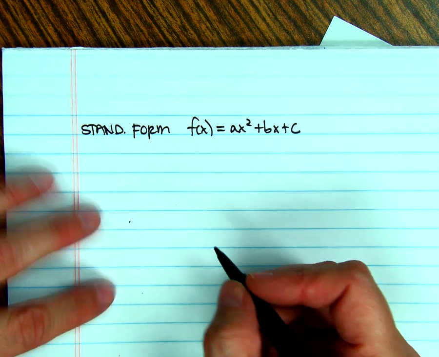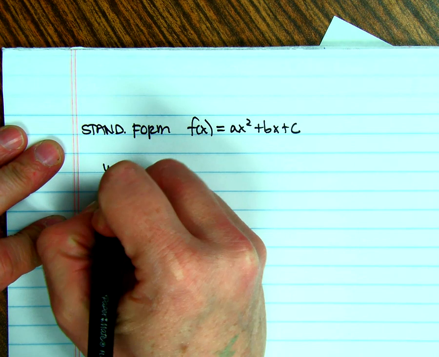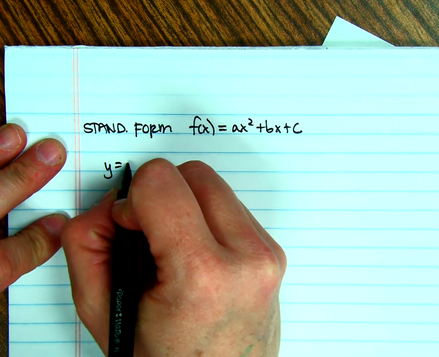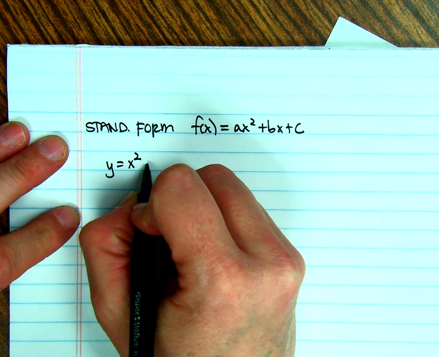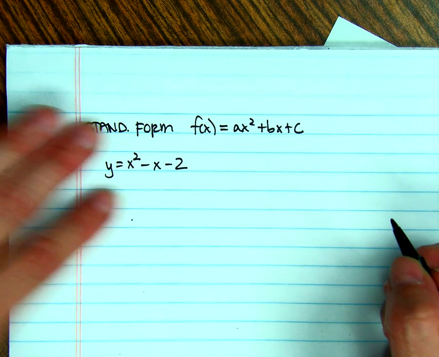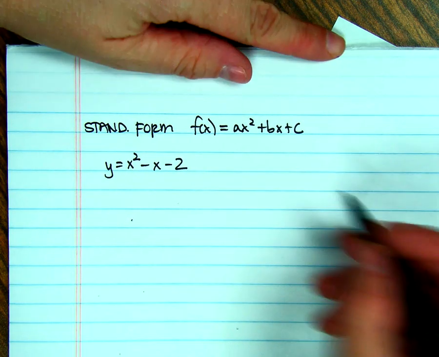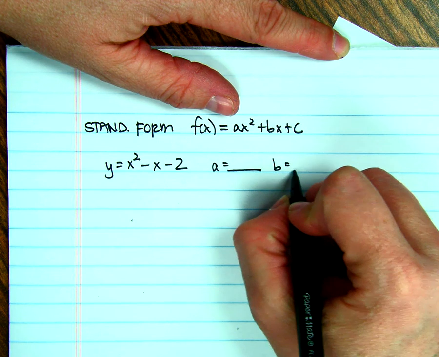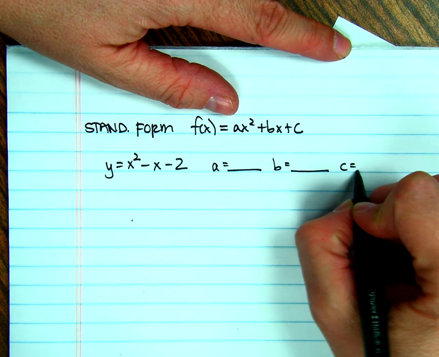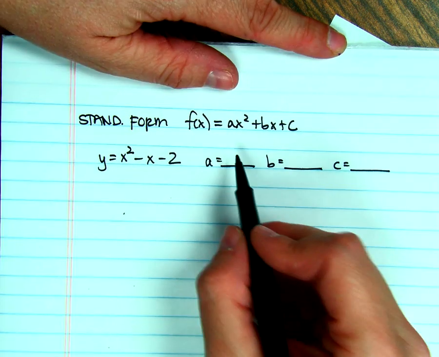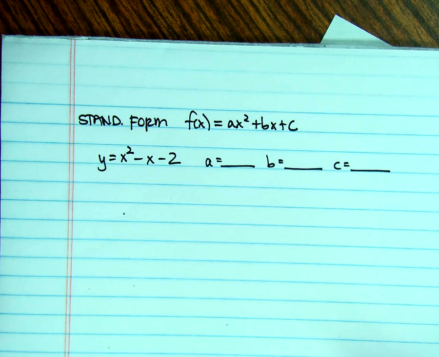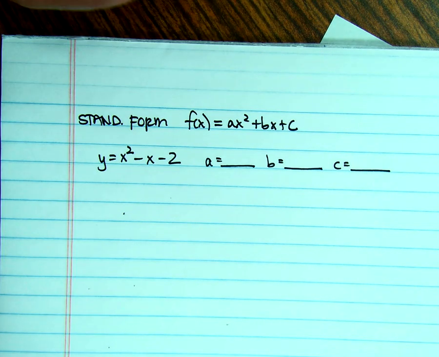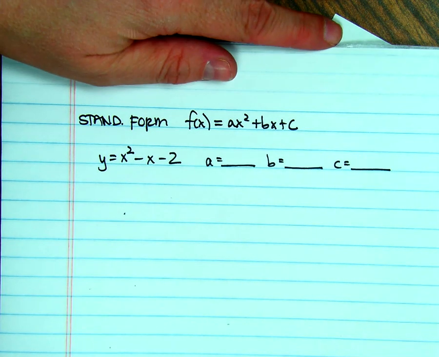So if we have y equals x squared minus x minus 2, the first thing you're going to want to do is identify your A, your B, and your C. I am kind of picky about this. Make sure you put equal signs, because if you just put a hyphen or a dash, I don't know if the dash is representing, hey, here's my number, or if it's representing the negative piece.